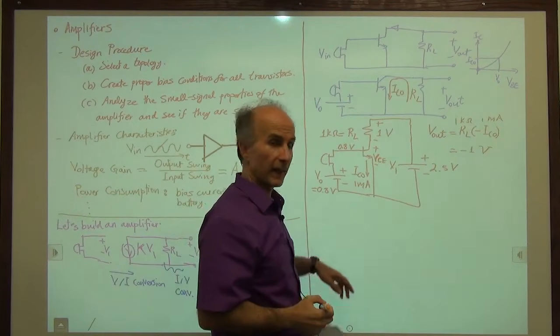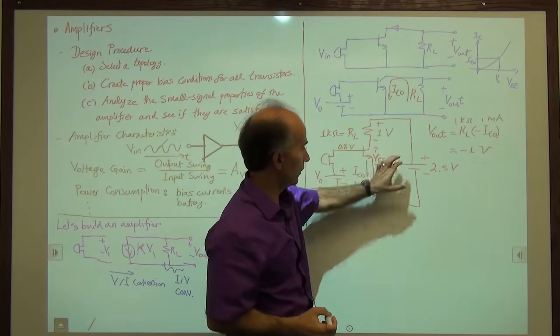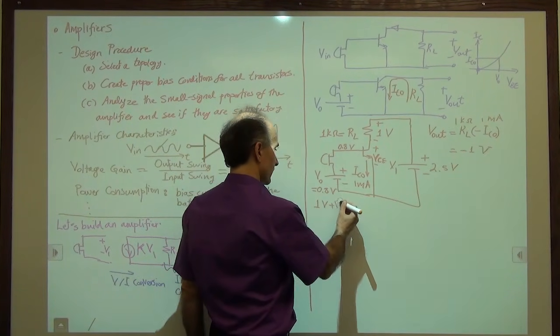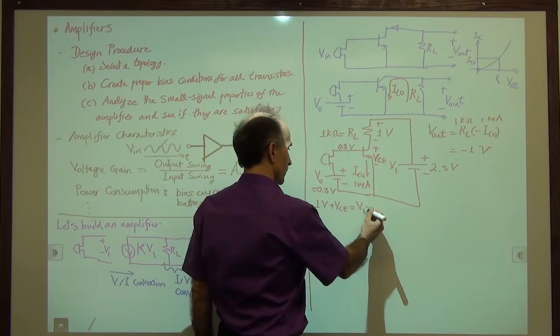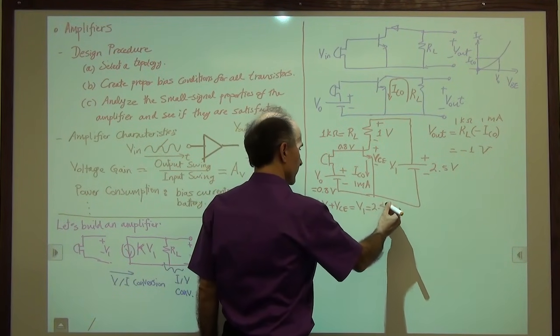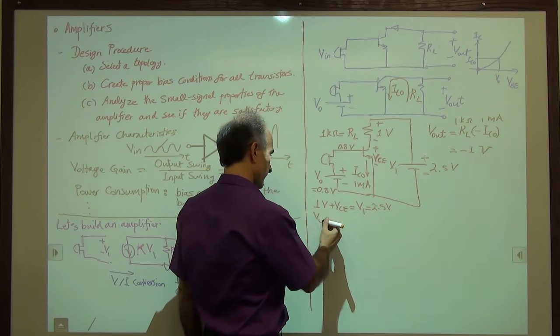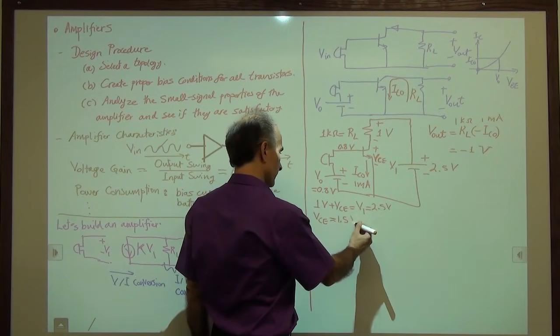Well, KVL says 1 volt plus VCE is equal to V1. So 1 volt plus VCE equals V1 equals 2.5 volts. This means that VCE is equal to 1.5 volts.